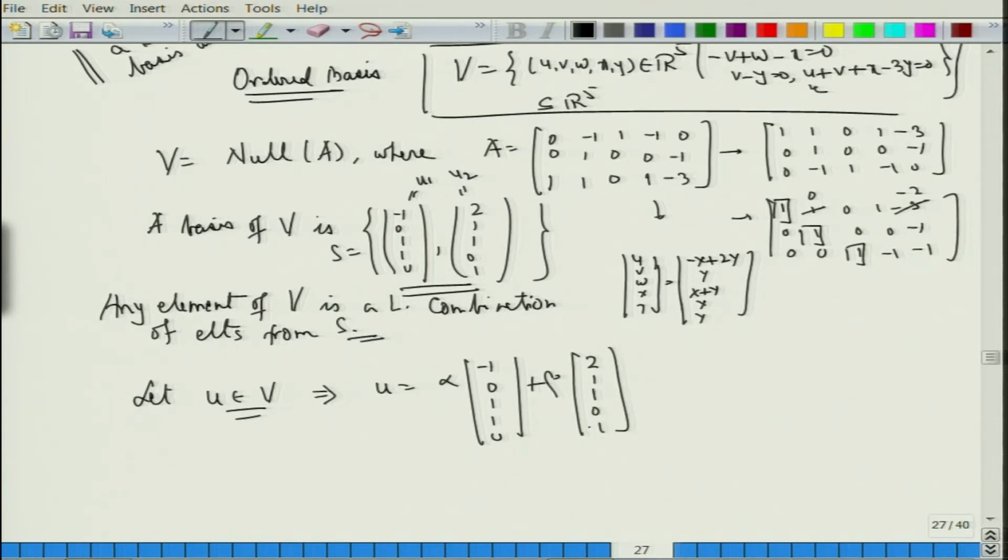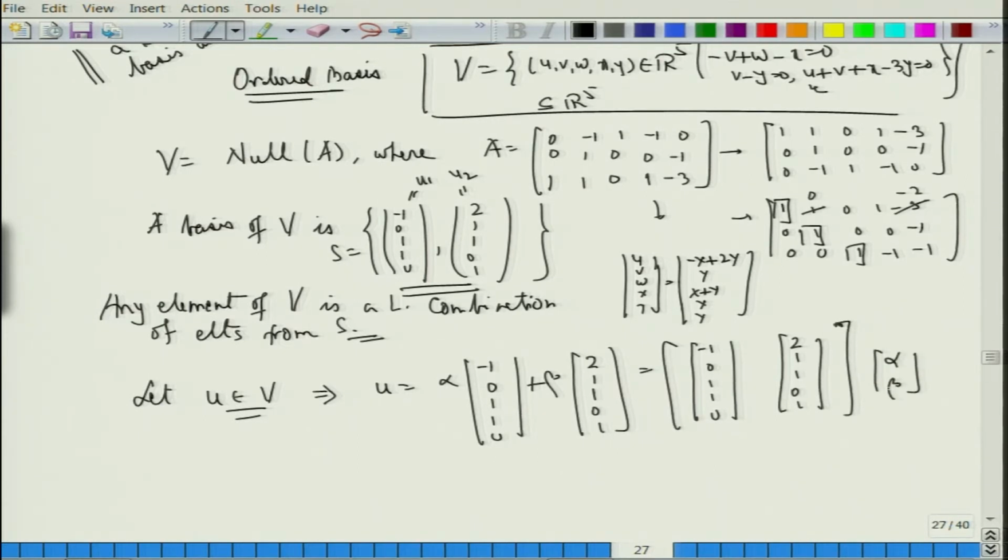This is what I know. I can write minus 1, 0, 1, 1, 0 as the first vector, 2, 1, 1, 0, 1 as the second vector, and then multiply it by (alpha, beta). Since I am looking at a subset of R^5, I can write it like this.